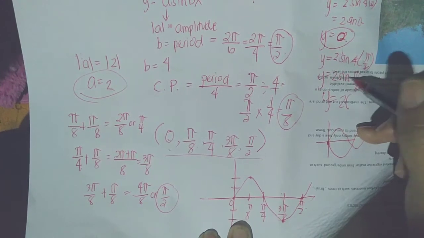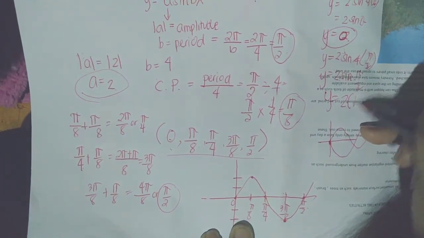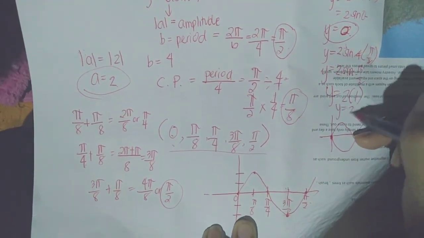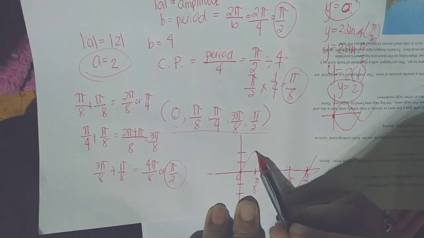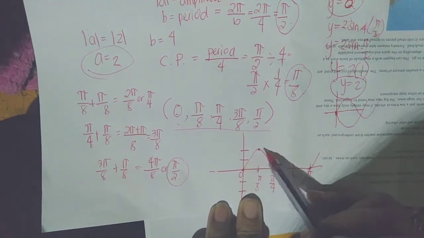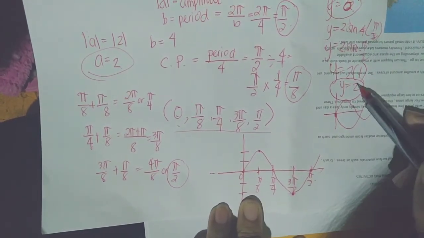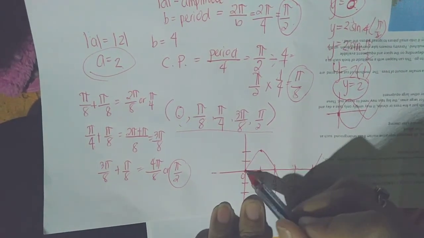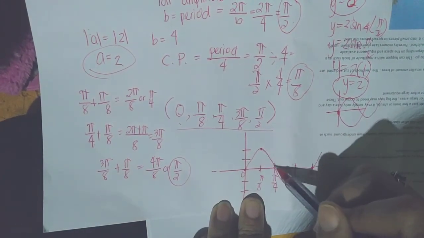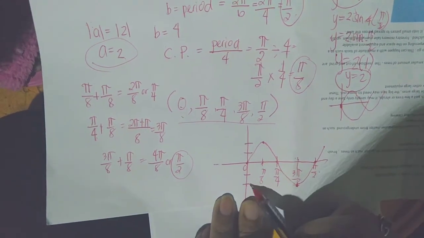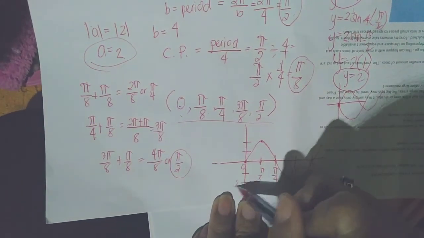Sine pi over 2 is equivalent to 1. So y equals 2. So at pi over 8, your y is 2. You can substitute like this if you want to be sure of the answer. But the easier method is to connect them, since the sign is positive, and it goes up to 2 again.